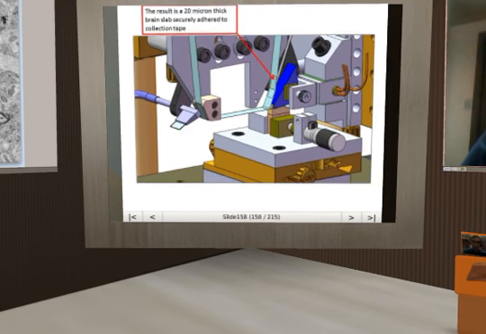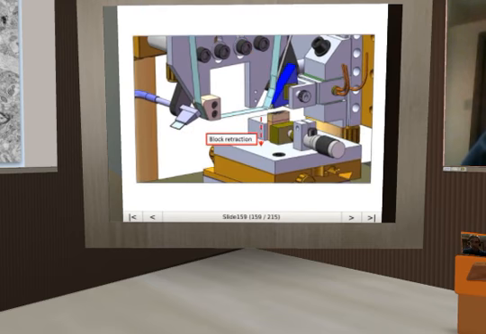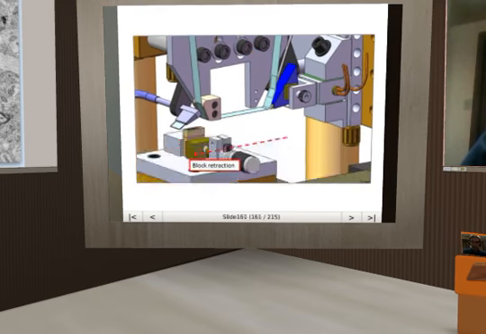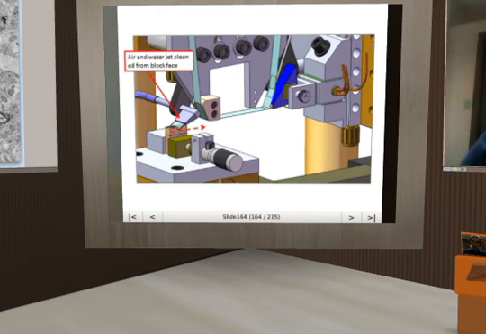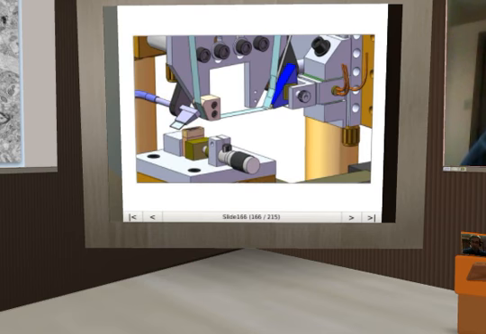So the result is a 20 micron thick brain slab that is securely adhered to the collection tape. The block retracts. The air and water jet clean oil from the block face.